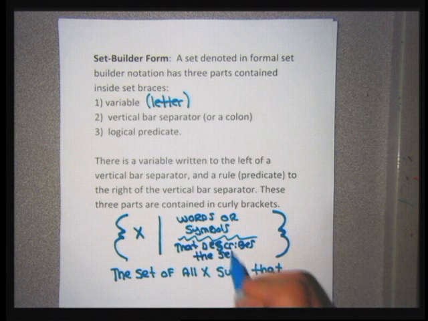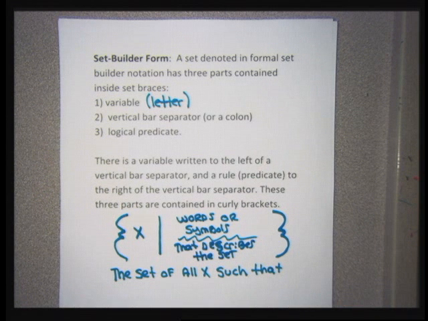And this is where the creativity comes in. The work in creating set builder form is figuring out what to write after that vertical bar that's going to describe the set exactly. All right, so that's what set builder notation is.